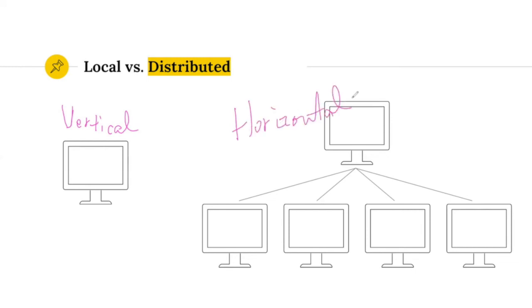The other solution on the right-hand side is horizontal scaling. So instead of investing your money in a single computing device, you can just add more computing devices to the network. And each individual computer doesn't necessarily have to be a high-end computing machine. They can be just commodity hardware, like personal computers in your office or in your home. So there's nothing special to it.